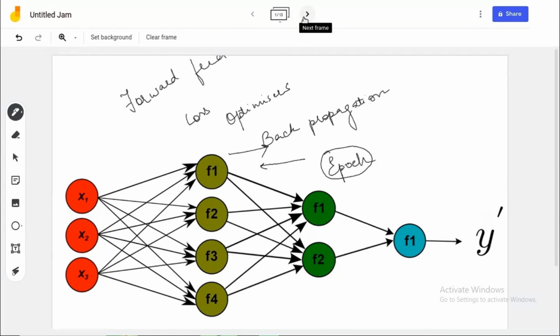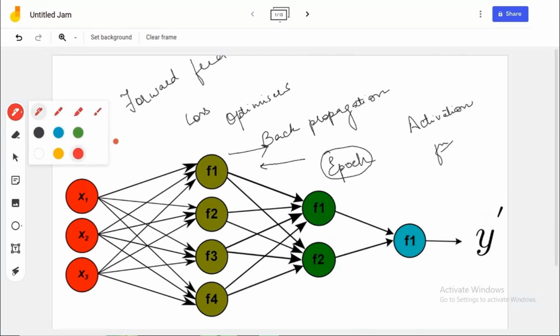Okay, so now let us discuss the different activation functions. Just a small recap, what exactly was an activation function? You had this neuron here, you had all the inputs going in.